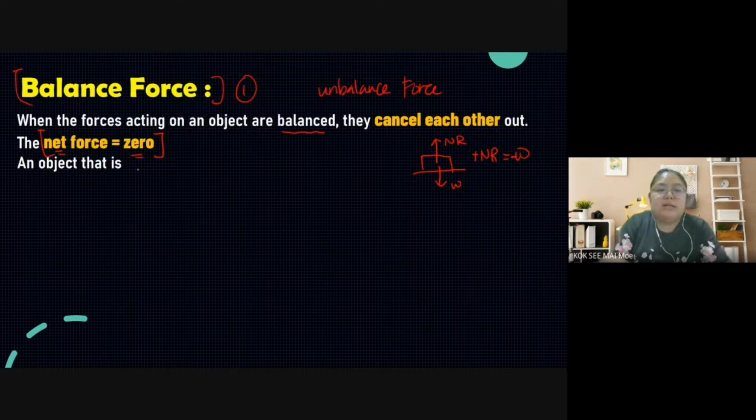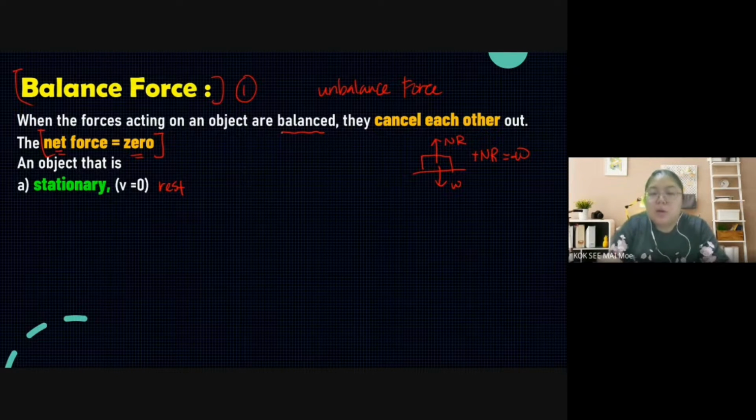So what situation do we call a balance force? Okay, we can see stationary. When the object is at rest, we call it a balance force. Why? Because we follow the formula F equals ma. So if you want to get the F, you must have the a. Mass, sure you got. Any object also has mass. The problem is a.